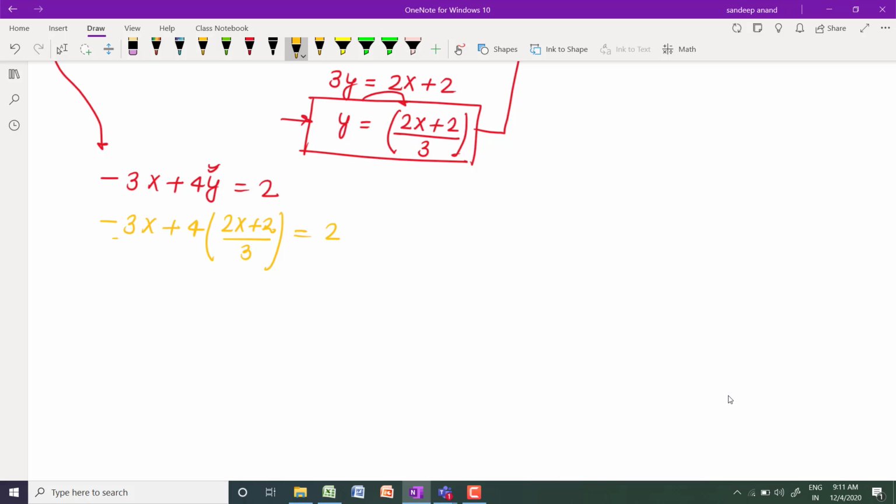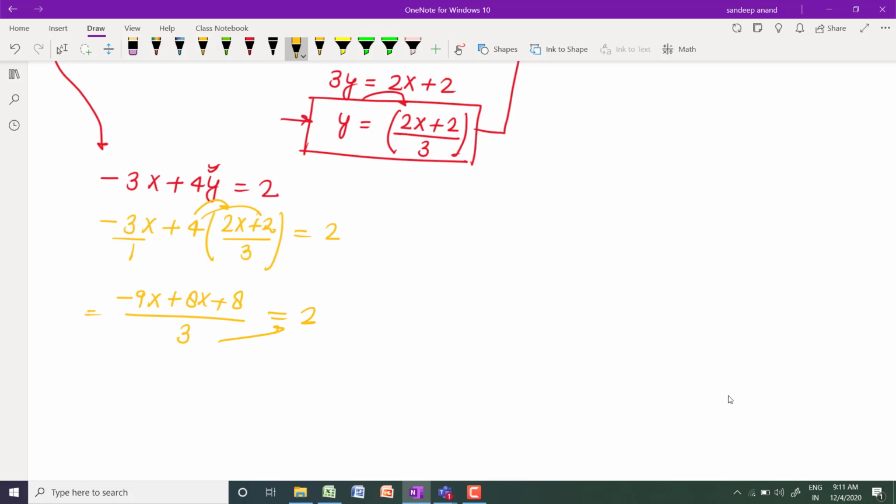Now take the LCM. So this is 3, so it comes minus 9x, because 3 times 3x, you need to multiply by this 3. This is basic, so I will not discuss it here. Then 4 times 2x is 8x, plus 4 times 2 is 8, is equal to 2.